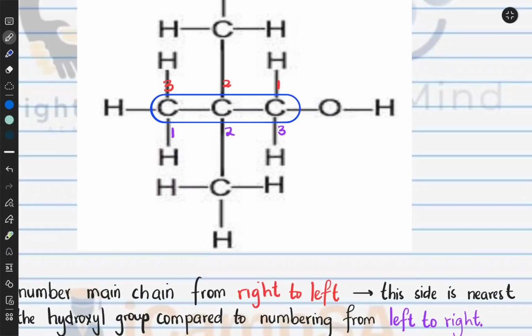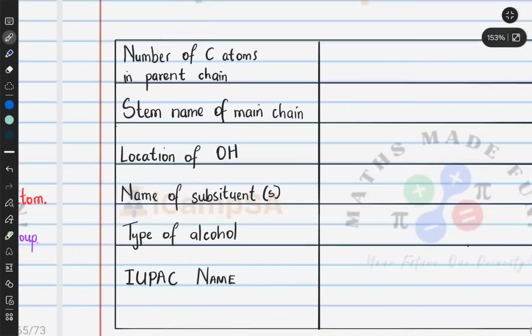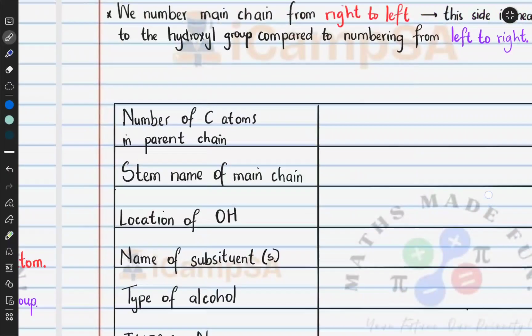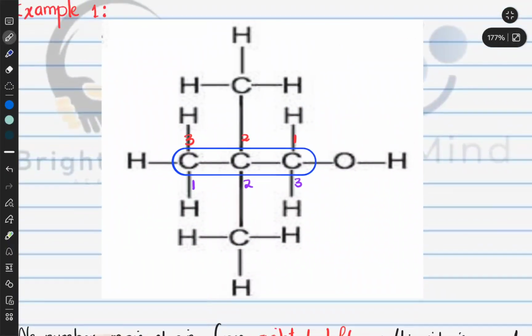So now we can start filling. Remember, we always create this nice template of ours, so that every piece of information that we need, we can step by step extract from the structural formula, and thereby end up having a final IUPAC name.